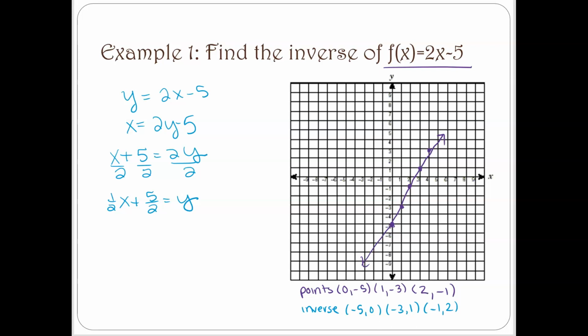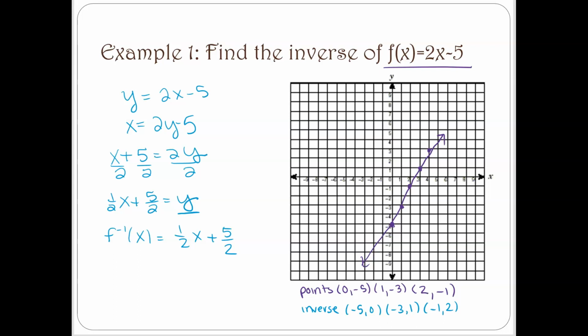And then we're going to apply step 4, which is to rename my y as f inverse x. And we have that the slope is 1/2 and the y-intercept is 5/2.